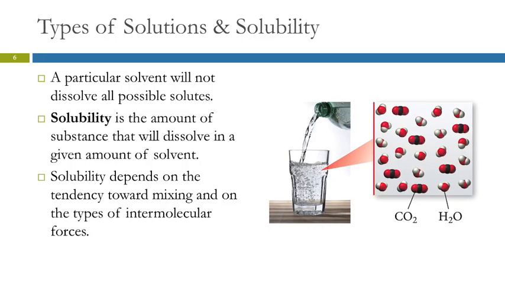And so whether they dissolve or not is a bit more complicated than just the types of intermolecular forces. So when we talk about solubility, we talk about the amount of substance that will dissolve in a given amount of solvent. So how much sodium chloride can dissolve in 100 milliliters of water? Well, there's a number. We can find it out by doing an experiment.